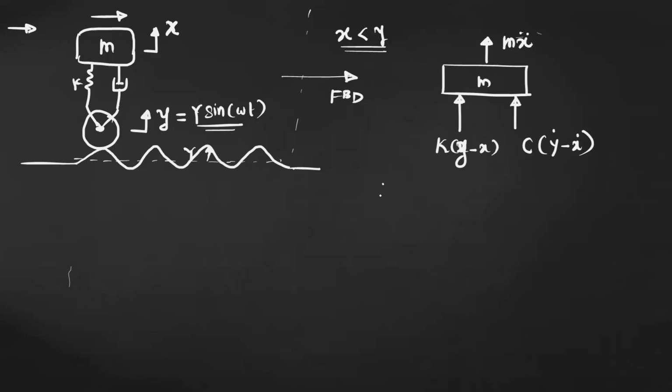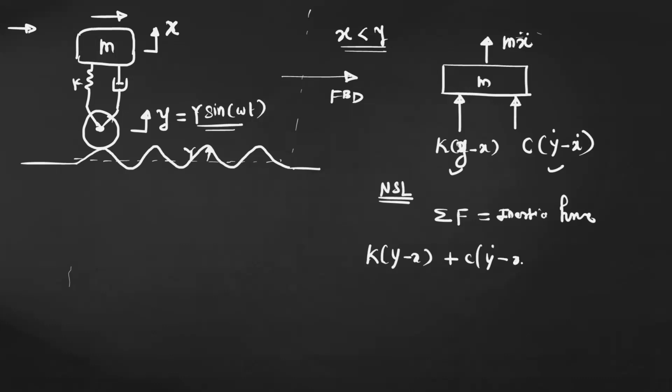So by using Newton's second law, the equation will be summation of F is equal to inertia force. So summation of F means we have to consider the spring and damping force. So it is k times y minus x plus c times y dot minus x dot. This is equal to m x double dot. Okay.